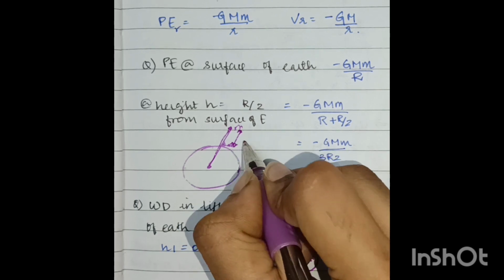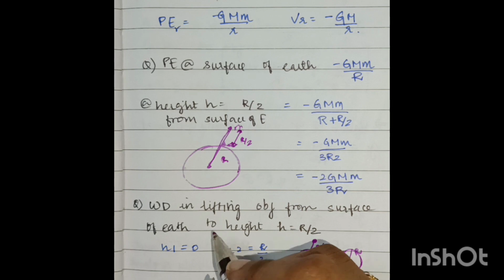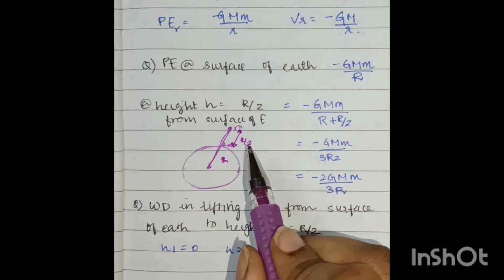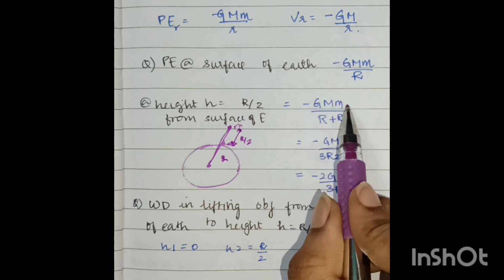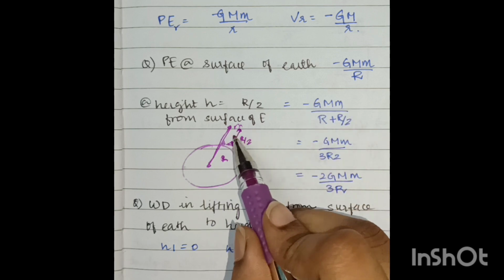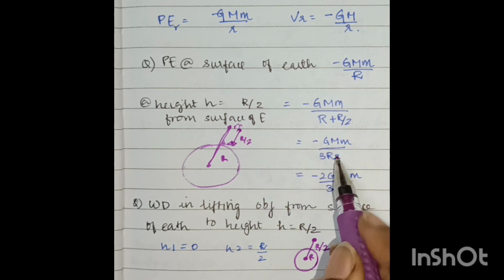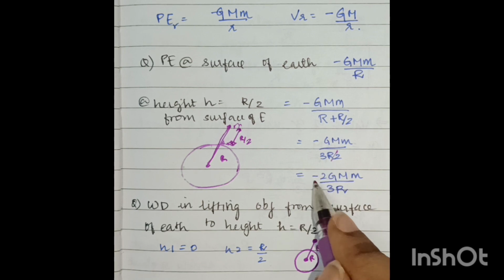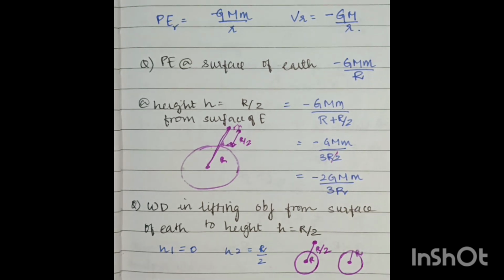This part is r by 2, they have given in the question, and this part is r. Generally gravitational potential energy is minus GMm by small r. What is the small r here? That is the total distance, so r plus r by 2. So that is minus GMm by 3r by 2, so it is minus 2GMm by 3r. So that is the answer.